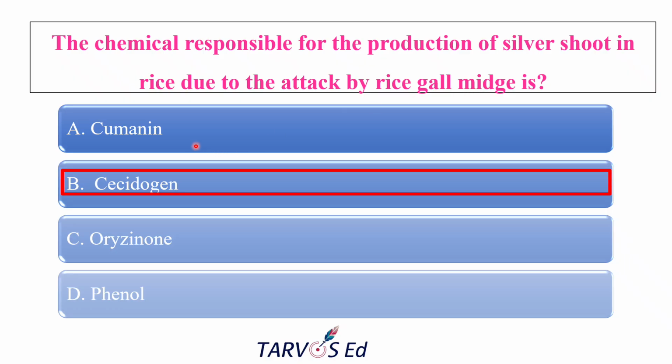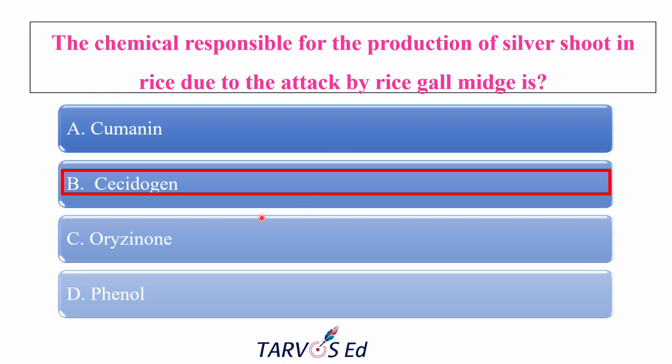And coumarin is basically a phytoalexin which is produced by carrot in response to fungal infection, so it has nothing to do with this question. And oryzanone is not a standard chemical associated with the rice gall midge.